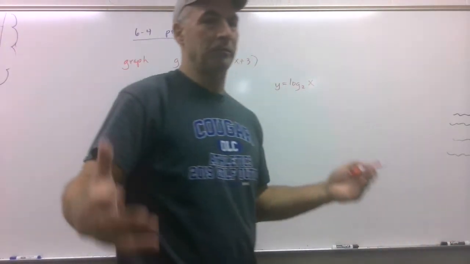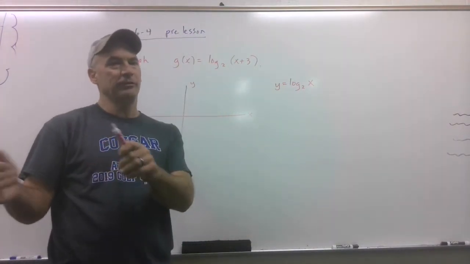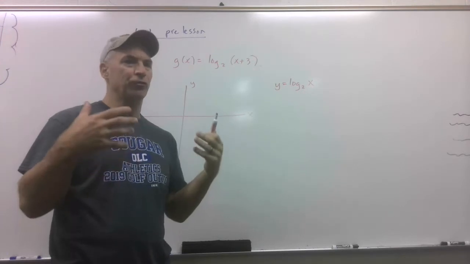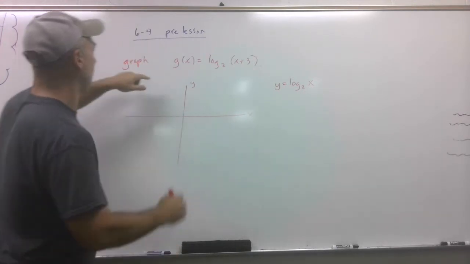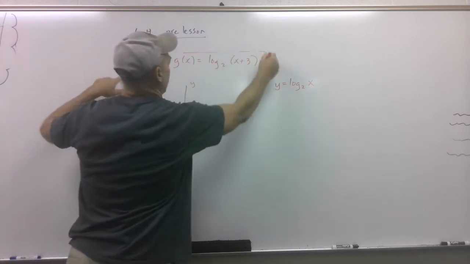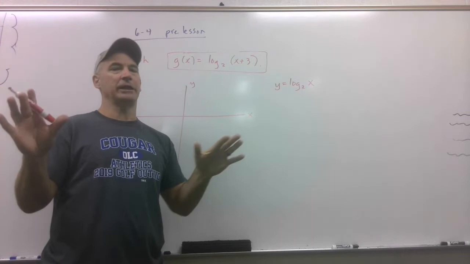This problem should be a breath of fresh air. This is based on your learning of transformations, but you got to know generally what does the graph of a logarithm look like. So the problem is graph this. And it looks like, whoa, that's out of my league.